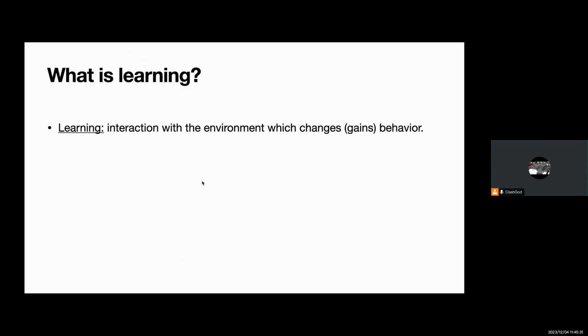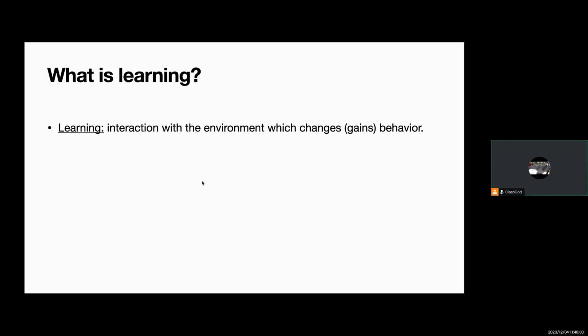If you want to do math, doing math is a type of behavior. And how do you get new math skills? Well, you interact by doing practice problems, right? Practice problems are the environment. So through interactions with the environment, through practicing, through facing new challenges, through interaction with other people, we gain and change our behavior. So that is what learning is.